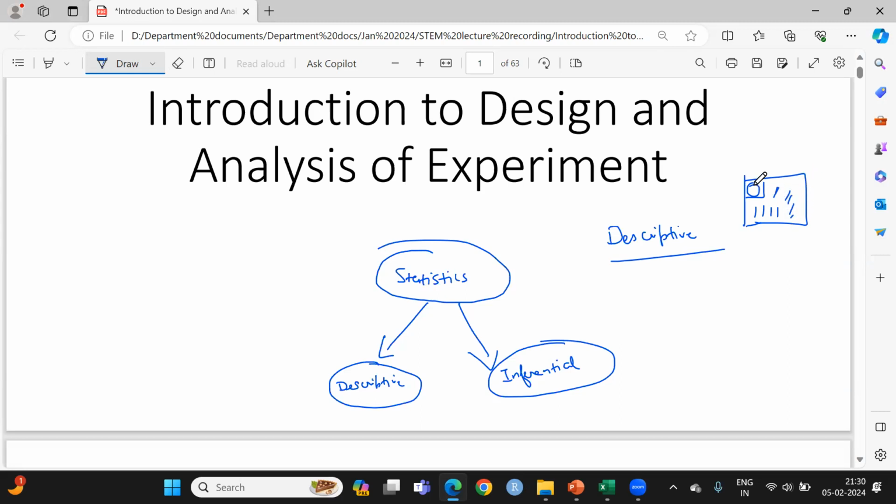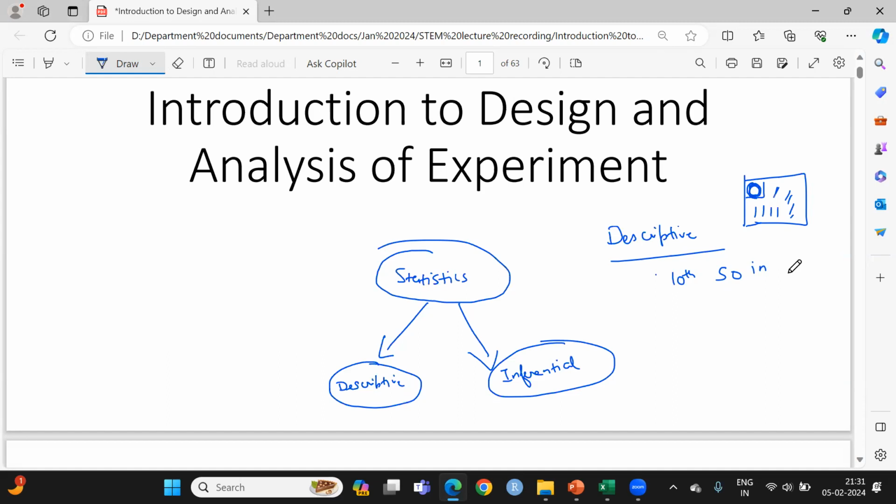So when we have information that is related to this subpart, and we just want to summarize that one. Okay, for example, if there is a school in which students of 10th grade, the number of the students are, say, 50, and our main objective is to see how much marks they are scoring in mathematics or statistics or any course.